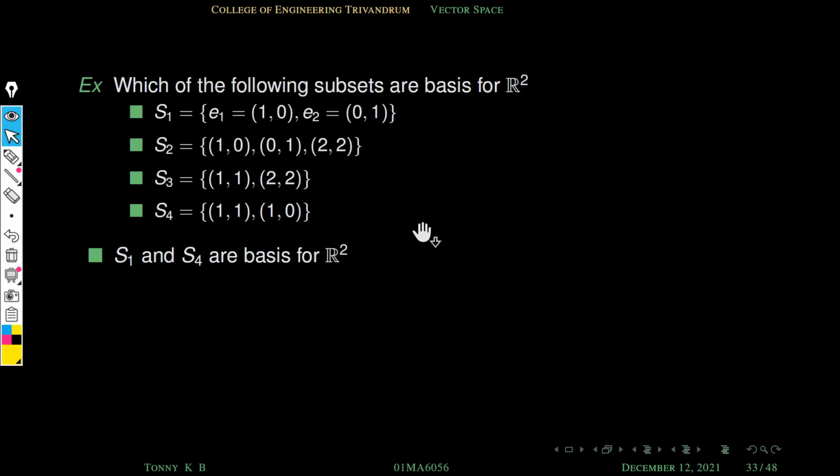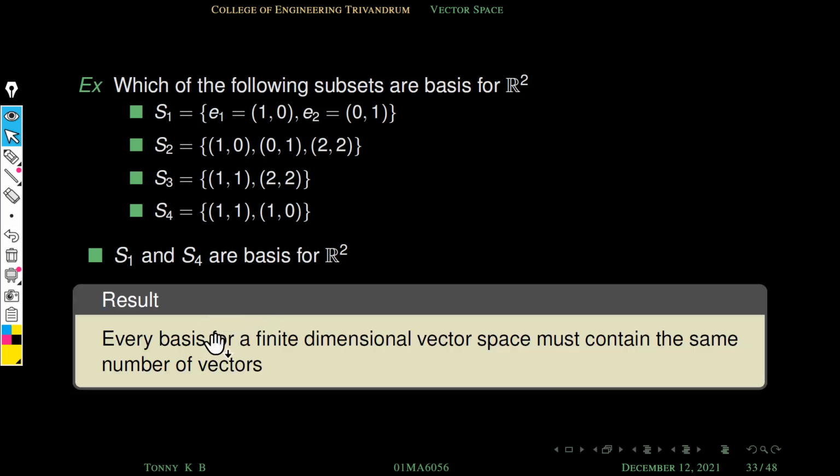Okay, this is our last example, and we know that this S1 and S4 are bases for R square. Another interesting thing in this example is that these two bases contain the same number of elements, right? S1 contains 2 elements, S4 also contains 2 elements. This is another property of a basis. This is the result: every basis for a finite dimensional vector space must contain the same number of elements.